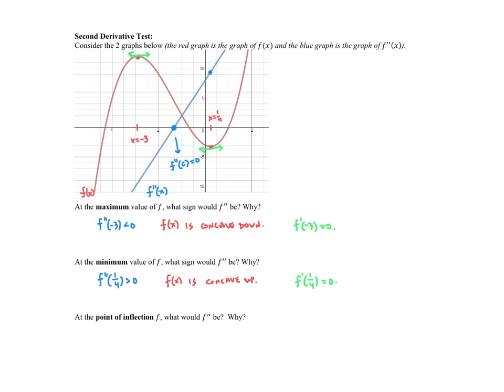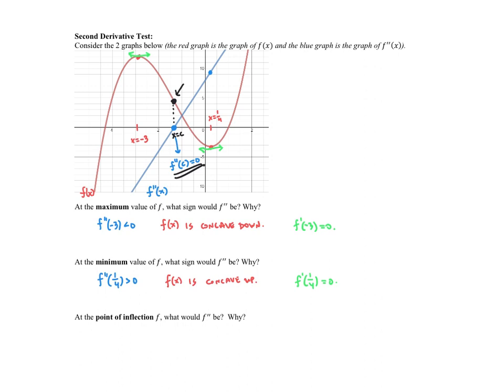Now, let's consider for a moment this value here, this value c, right? Let's say this is x equals c. I'm not going to try to estimate that. Notice the second derivative is 0. Look at this point and tell me what's unique.